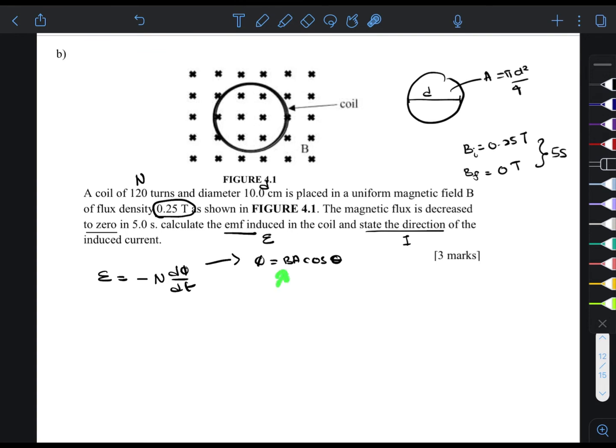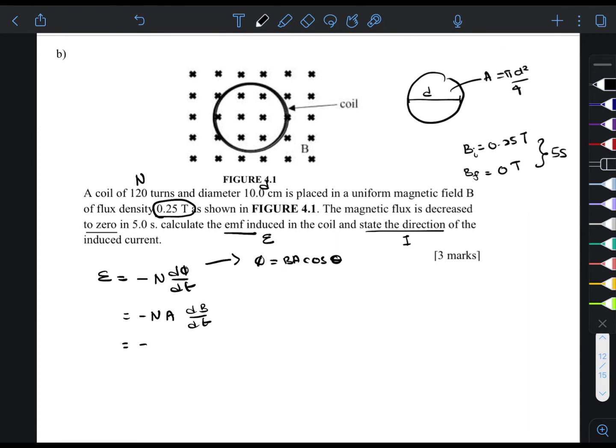There have to be changes in terms of B or A or theta in order to change the flux. So in the question, what changes is B. Initially you had 0.25, in 5 seconds you decrease it to 0. Because B changes, we are going to write this equation as negative N A dB over dt.